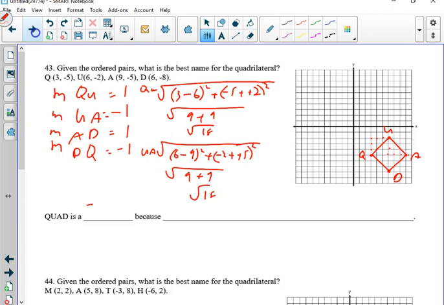So I know I have a square, because the sides are congruent and consecutive sides are perpendicular.